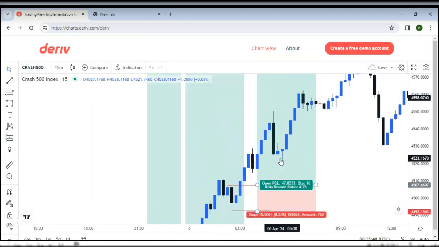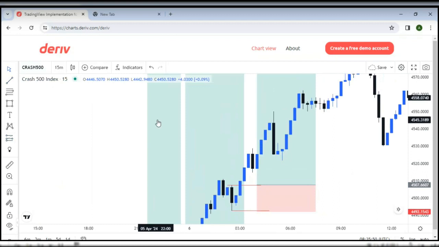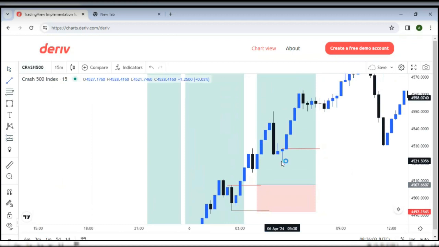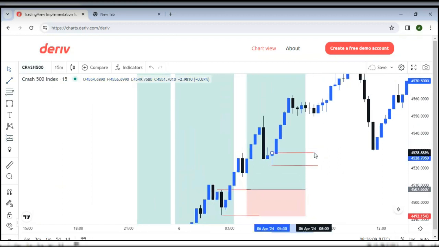So I need this. This was the lowest candle here, so see it here. That's the lowest candle. This is the high of that lowest candle, and then I have this low here. I will make another video for another asset so that you can see it's the same thing over and over. Rinse and repeat.